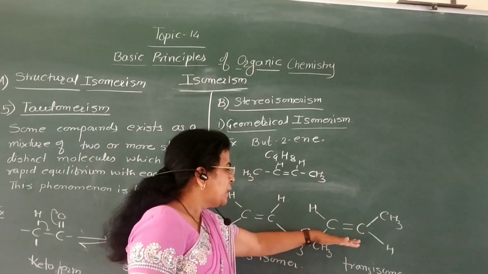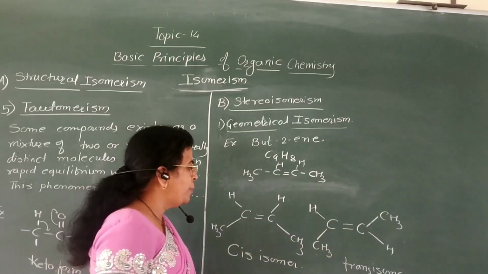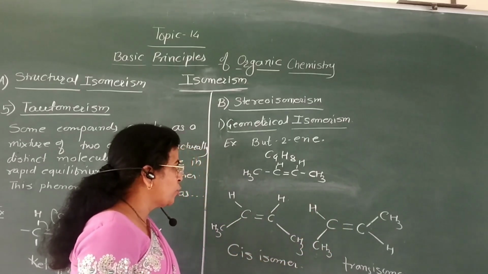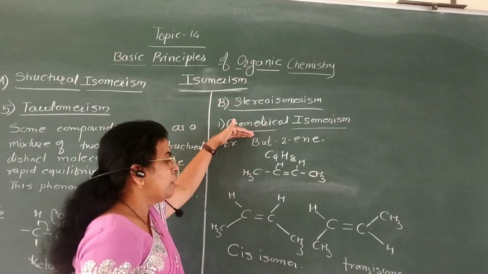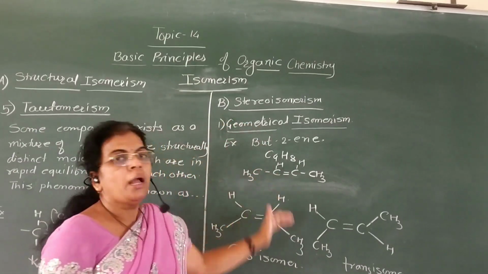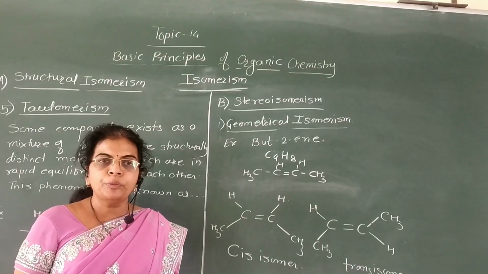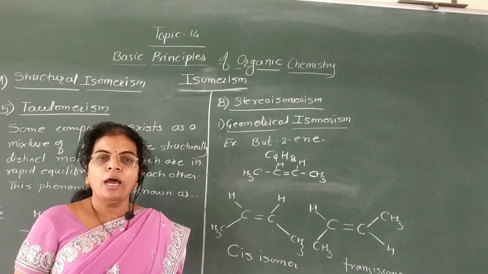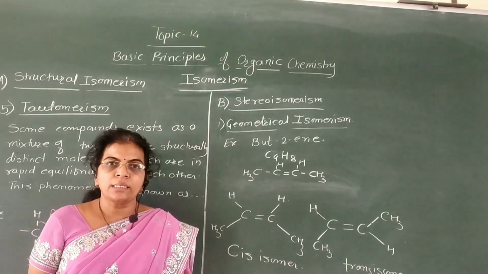In this way, similar groups lie on the opposite side of the double bond. This is called the trans isomer. That is, in geometrical isomerism, the compounds have the same molecular formula, same structural formula, but the geometry of the atoms or groups in the structure is changed, like the cis isomer and trans isomer.